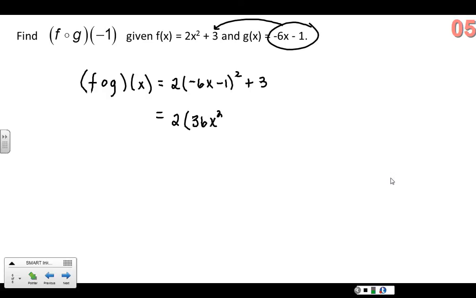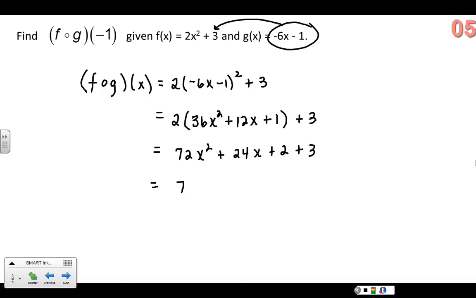If you multiply that, you get 6x, double that, so it would be plus 12x plus 1, and then plus 3. Multiply through by 2 is 72x squared plus 24x plus 2 plus 3. So that's 72x squared plus 24x plus 5.